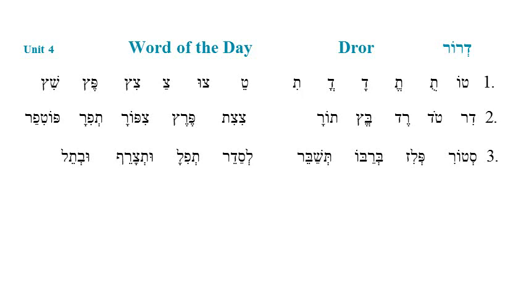Line 3. Sitori. Now here you have this shva that allows us to pronounce the s. If there were no vowel there, we would not be able to pronounce this first letter. Sitori. Please.